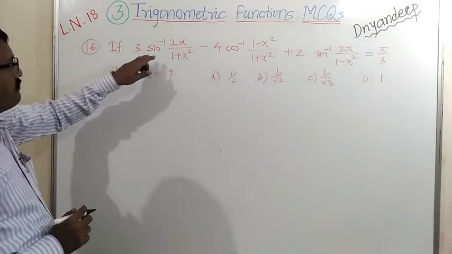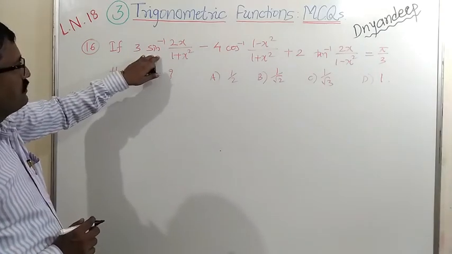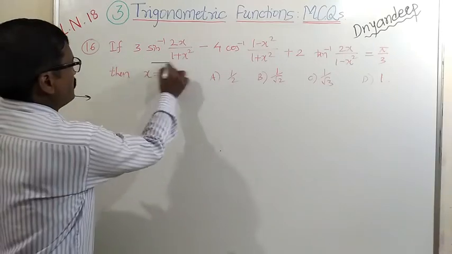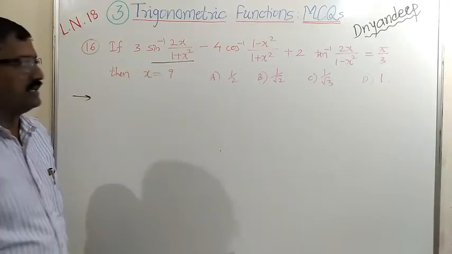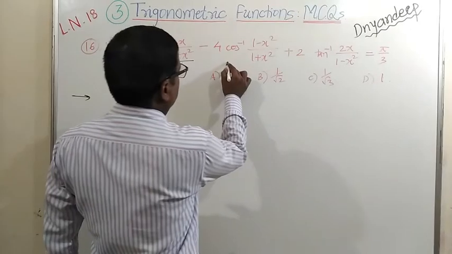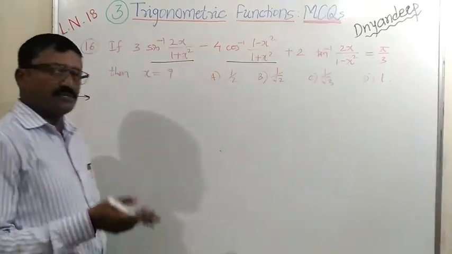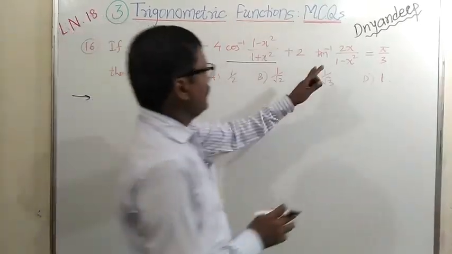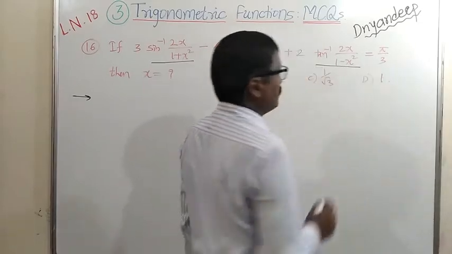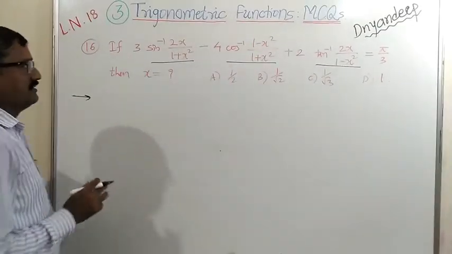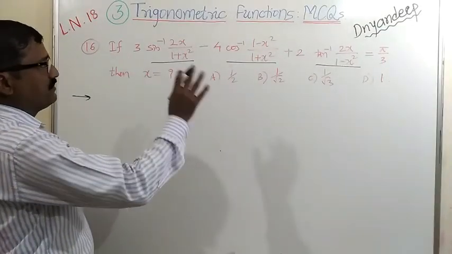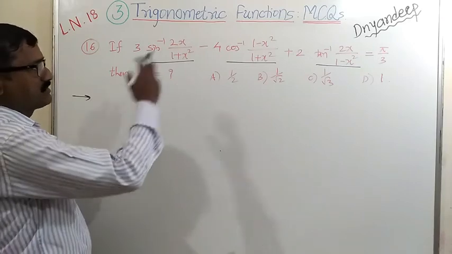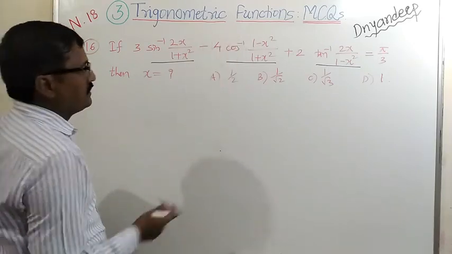Since we know that sin inverse of 2x upon 1 plus x square is nothing but 2 times tan inverse x, cos inverse of 1 minus x square upon 1 plus x square is also 2 times tan inverse of x, and tan inverse of 2x upon 1 minus x square is also 2 times tan inverse of x. Those are the 3 formulas for converting to tan inverse from sin inverse, cos inverse or tan inverse.